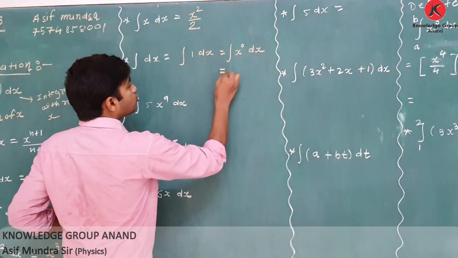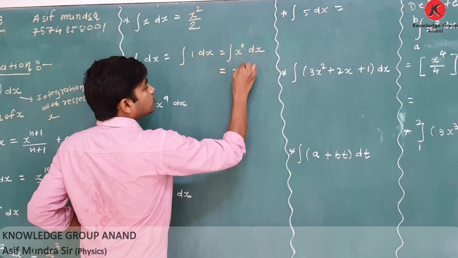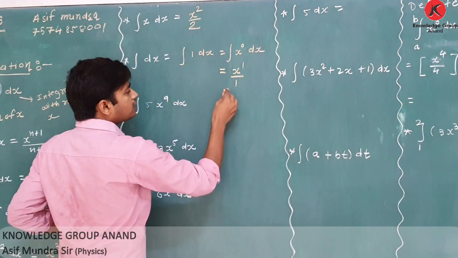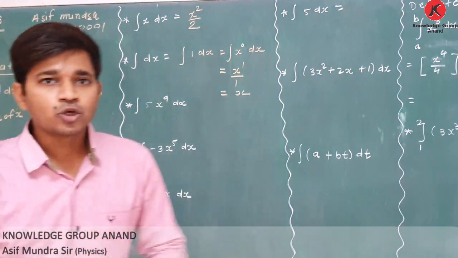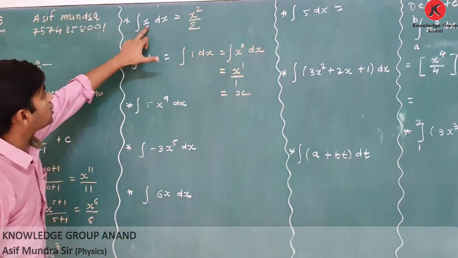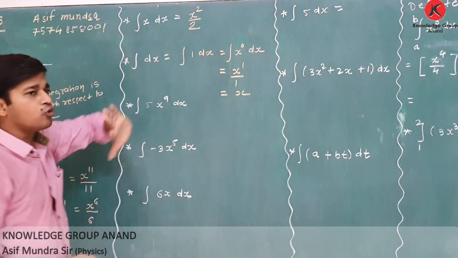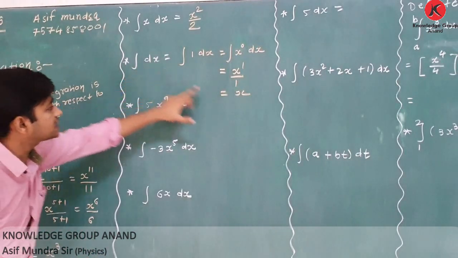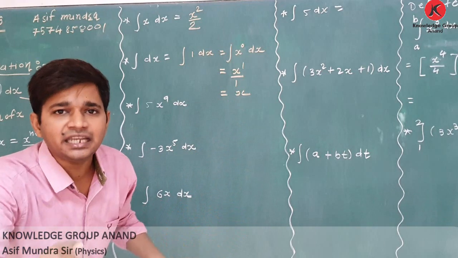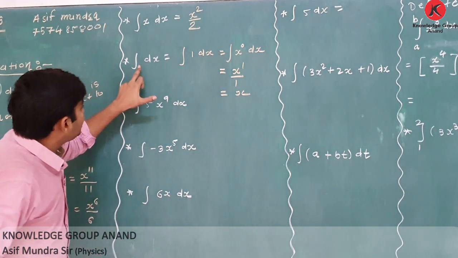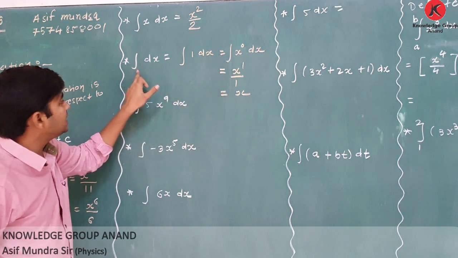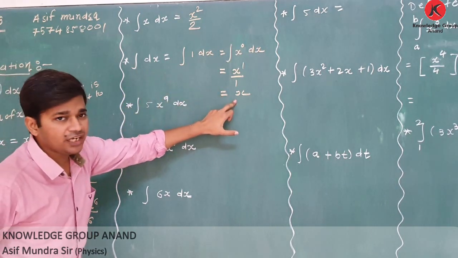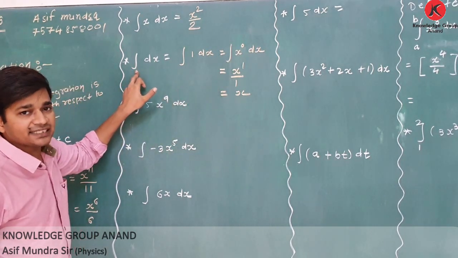So it is x raised to 0 plus 1, that is 1, divided by 1. You can simply write x. Clear? So remember, what is the integration of x dx? x square by 2. What is the integration of dx? x. Now similarly, what is integration dt? t. What is integration dv? v. What is integration ds?